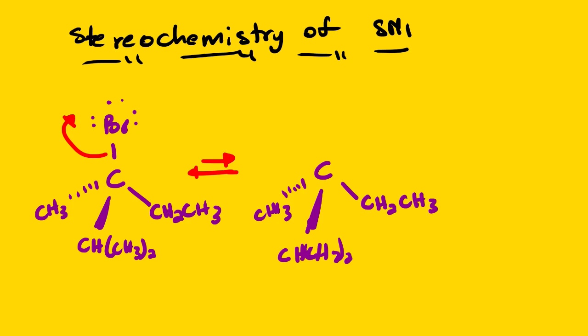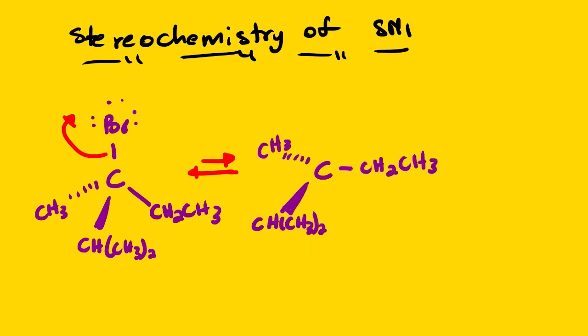Actually, the proper way to draw this, since we no longer have this leaving group, which is more electronegative compared to all the groups here, the proper way would be like this, so that it is possible for the nucleophile to attack from the top and bottom. So in this case, we have a carbocation, and then it will react with our nucleophile, which is step number 2.